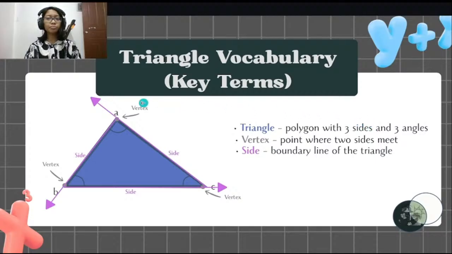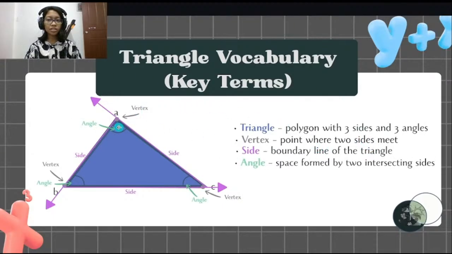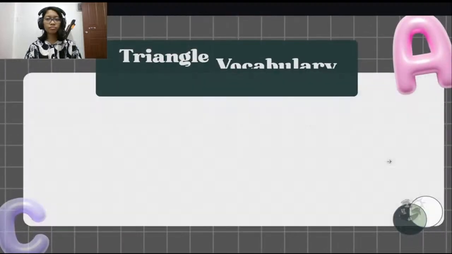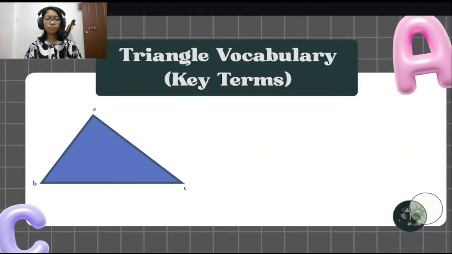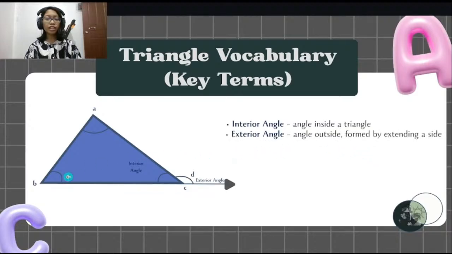A side is a boundary line of the triangle. An angle is the space formed by two intersecting sides. An interior angle is an angle inside a triangle. An exterior angle is an angle outside, formed by extending a side.